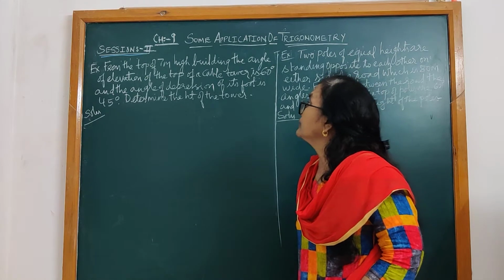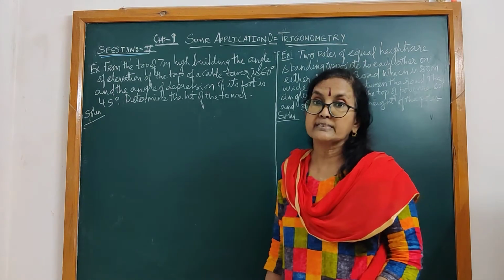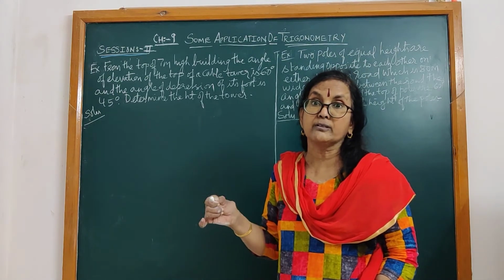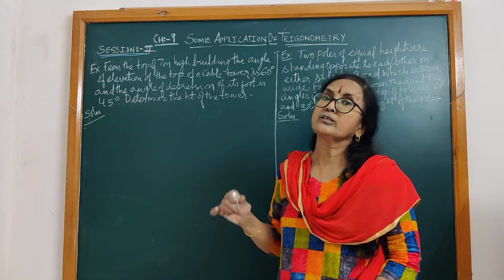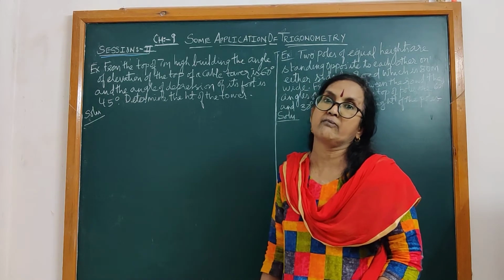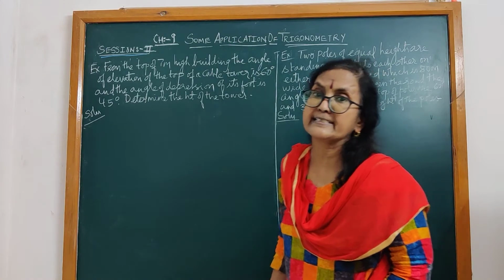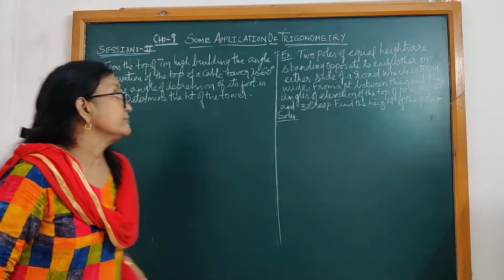The example shows that from a 7-meter high building, you are already on the top of the building. From there, on the top, you are again looking at the top of a tower. So that is again an angle of elevation.